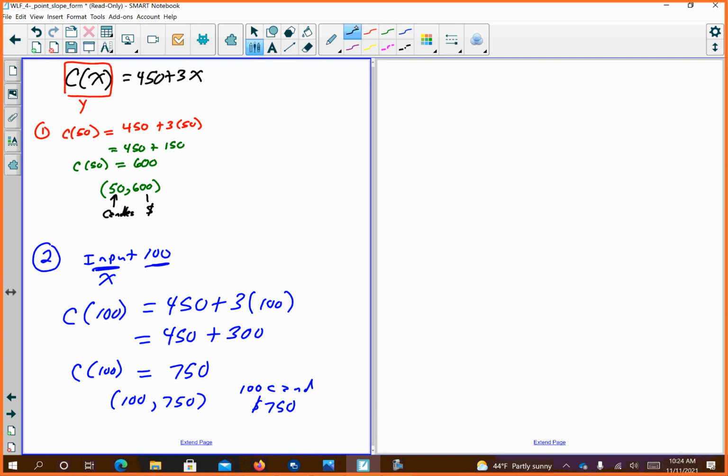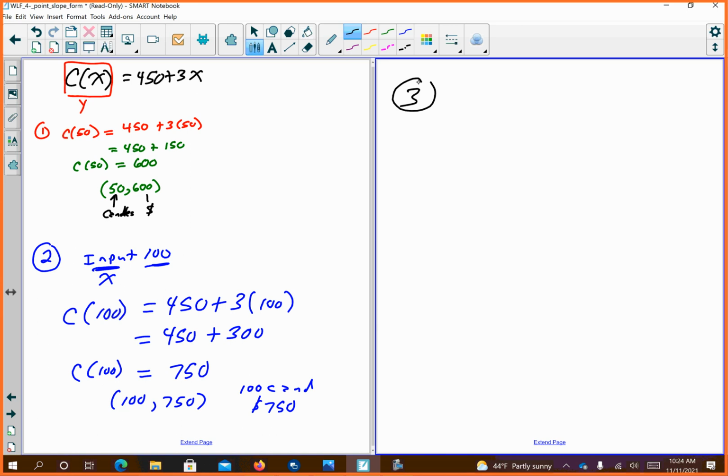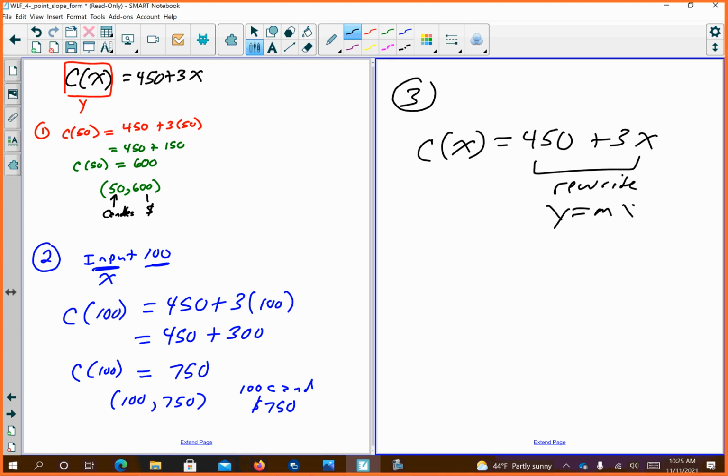All right, number 3 says interpret both the y-intercept and the slope in the context of the problem. So this is our original problem. So I'm going to rewrite this so it looks like y equals mx plus b. That way I can identify things a little easier.